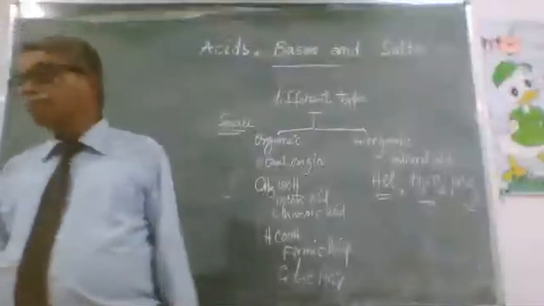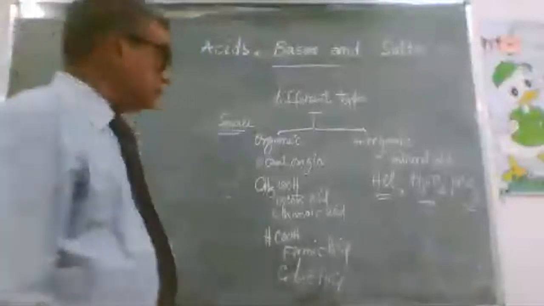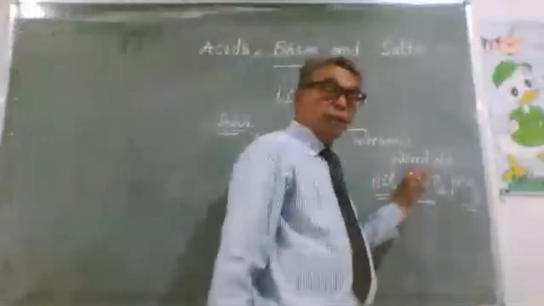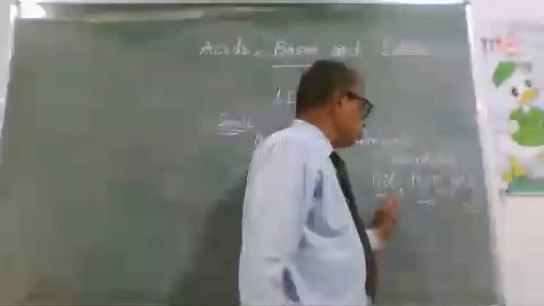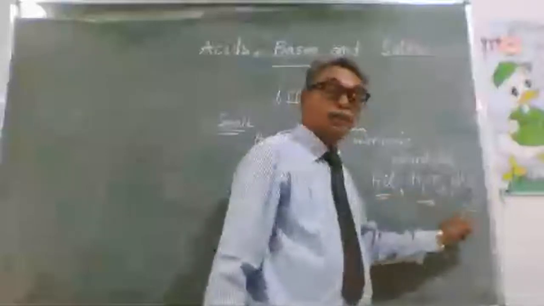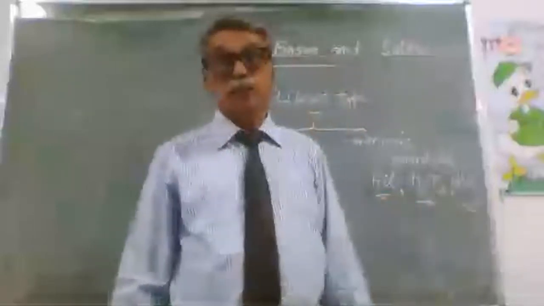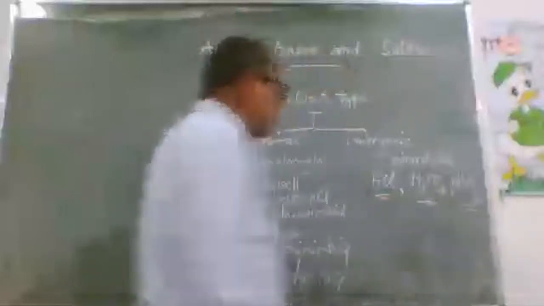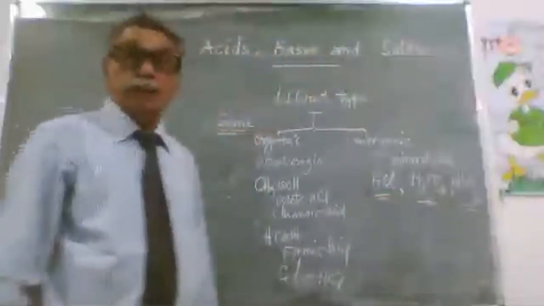The inorganic acids, of mineral origin: hydrochloric, sulfuric, nitric, and many others like phosphoric acid and silicic acid. This is the first division of acids. Okay, two types: organic, inorganic.